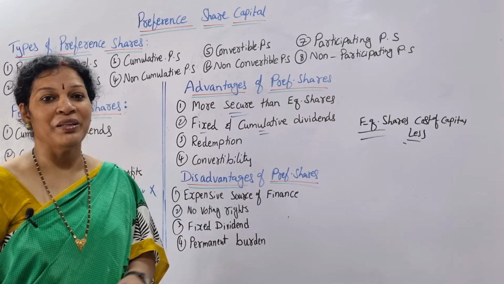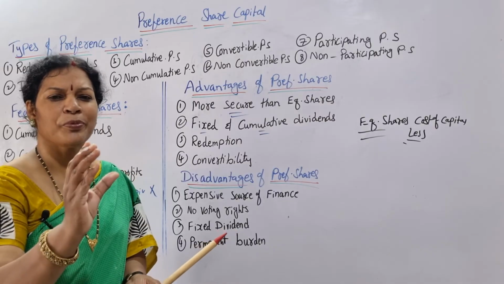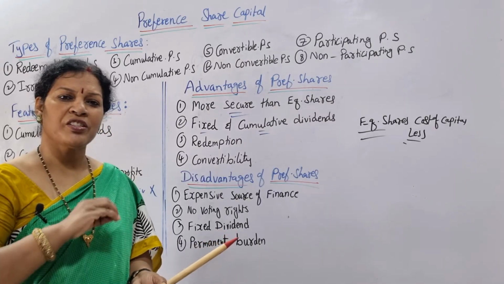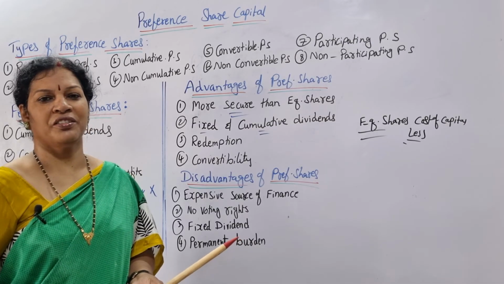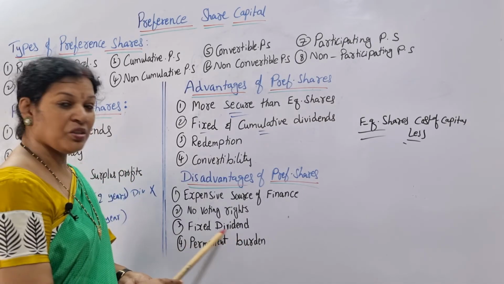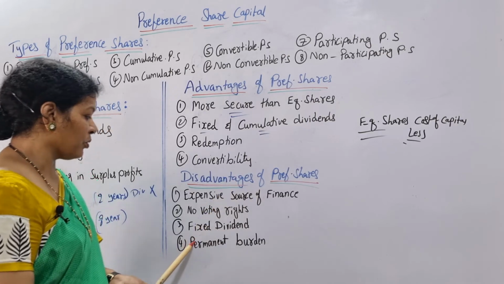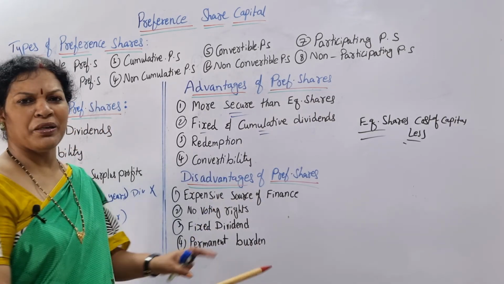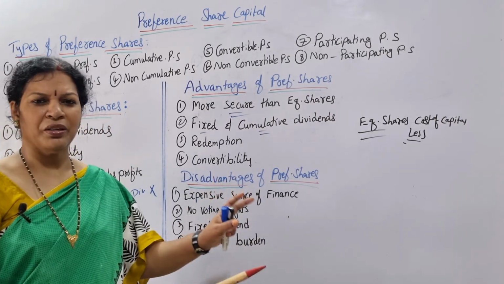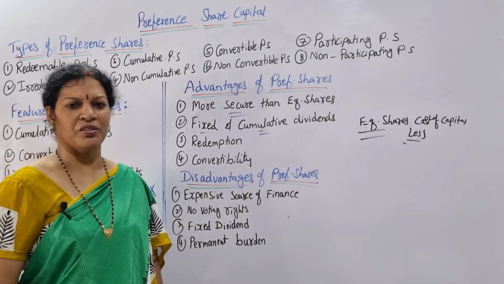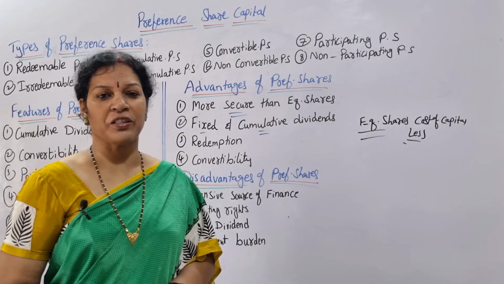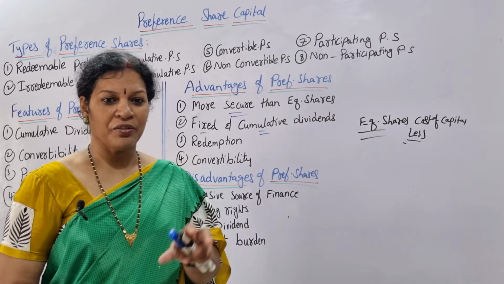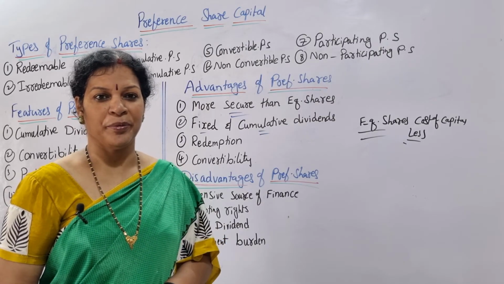Okay, what about the company? The company got less profits, but still they have to first pay the preference shareholders their dividend. It is fixed. So this is a burden for the company, and also a permanent burden. Always you have to be careful about these preference shareholders. If you are unable to fulfill their expectations, that will be a bad remark for the company.